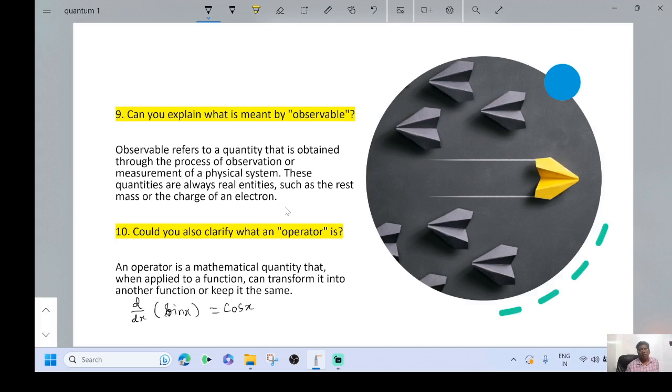The operator changes the function sin x into cos x. Allow the same operator to operate on e power imx. We get im into e power imx, the same function. This is the eigenvalue, and this is the eigenfunction.